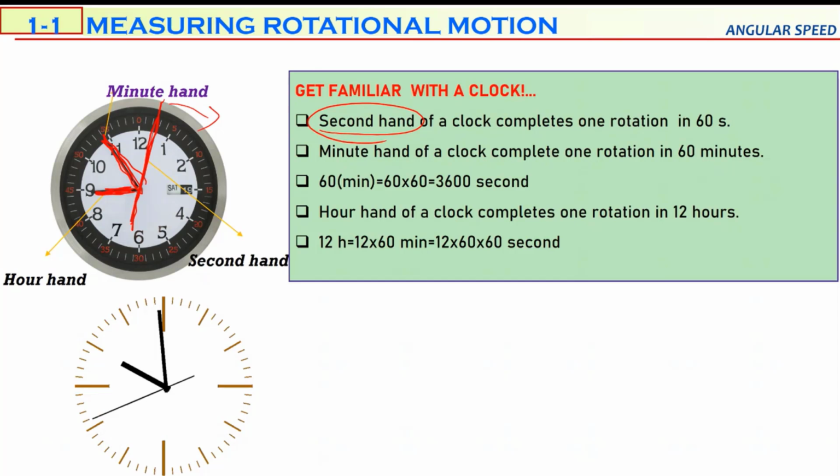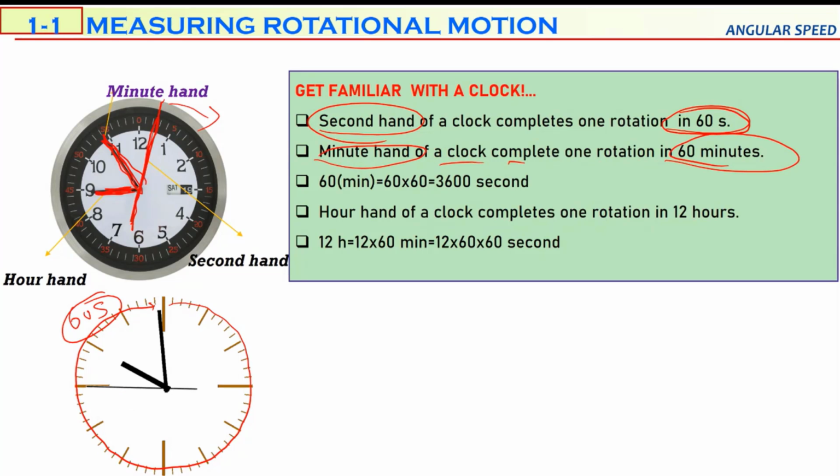And the second hand of a clock completes one rotation in how many seconds? In 60 seconds. The minute hand of a clock completes one rotation in 60 minutes. Sometimes we need to convert minutes into seconds. 60 minutes can be converted to seconds by multiplying by 60, because every minute is 60 seconds.